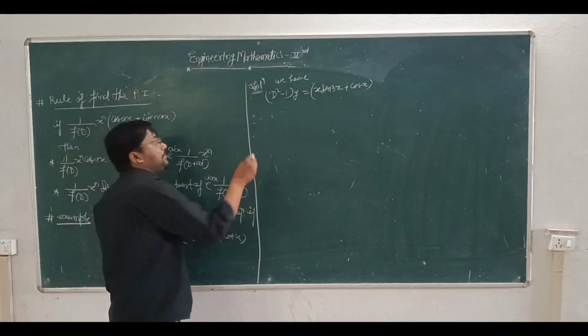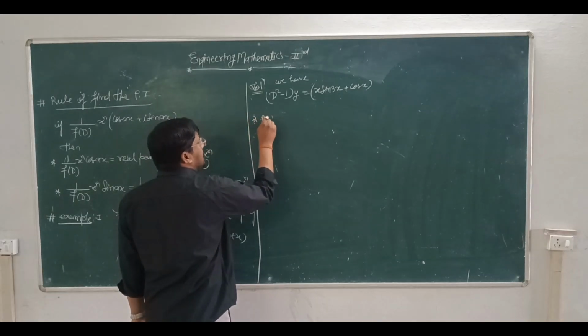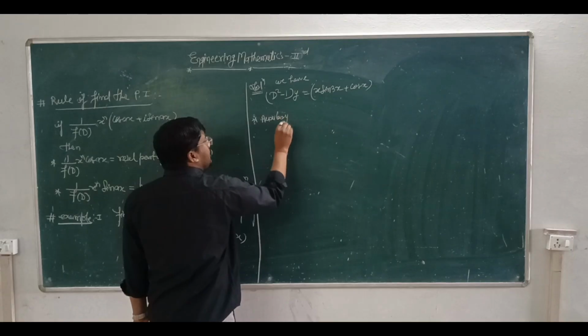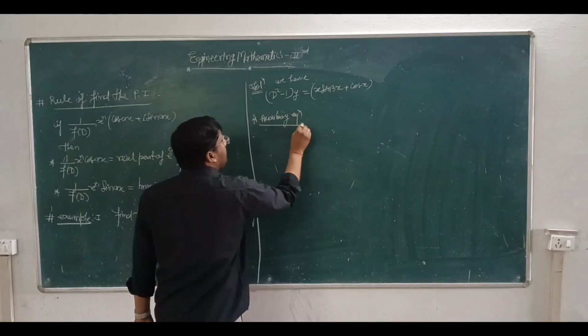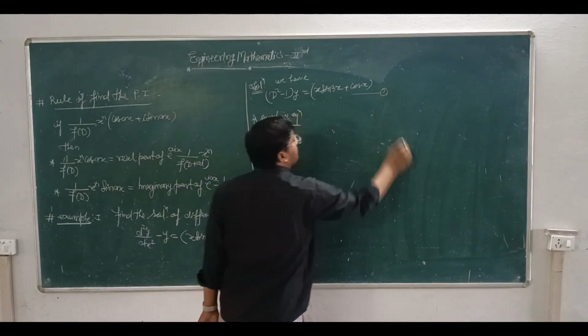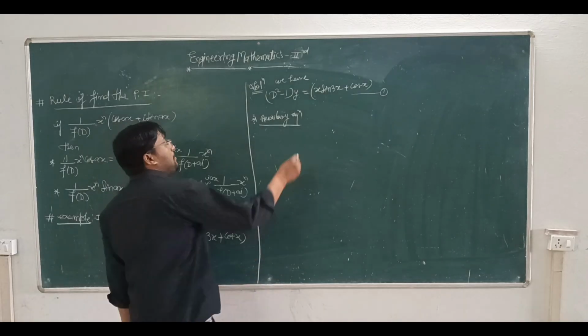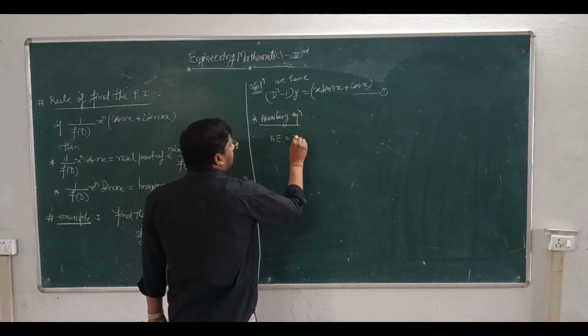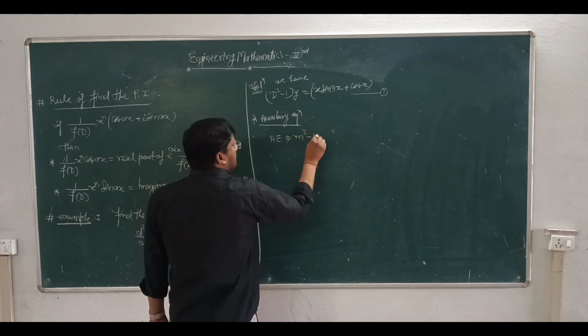Now first of all find the AE, this means auxiliary equation of the differential equation. This is equation number one. AE is m square minus 1 is equal to 0.